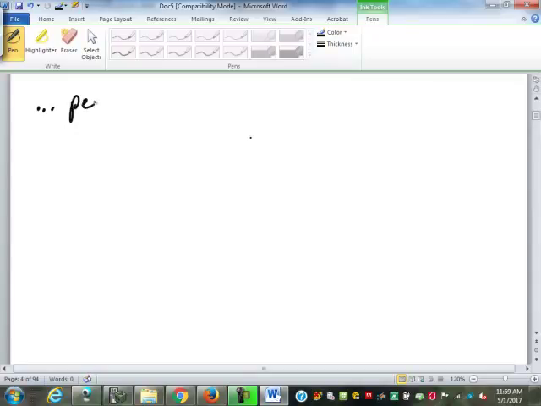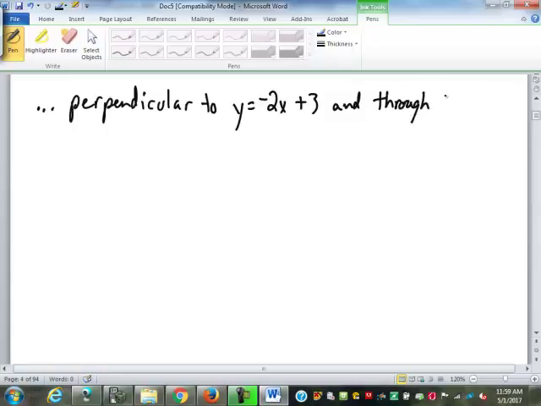So let's do one more perpendicular here. I want the equation of a line perpendicular to y equals negative 2x plus 3 and through the point 4, 1.